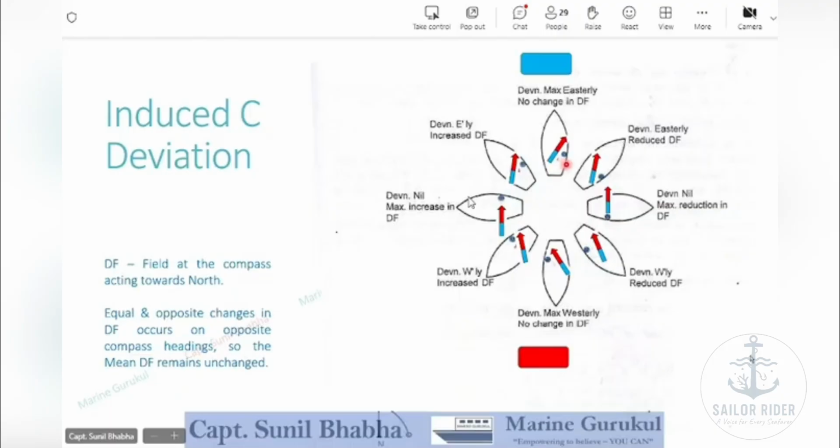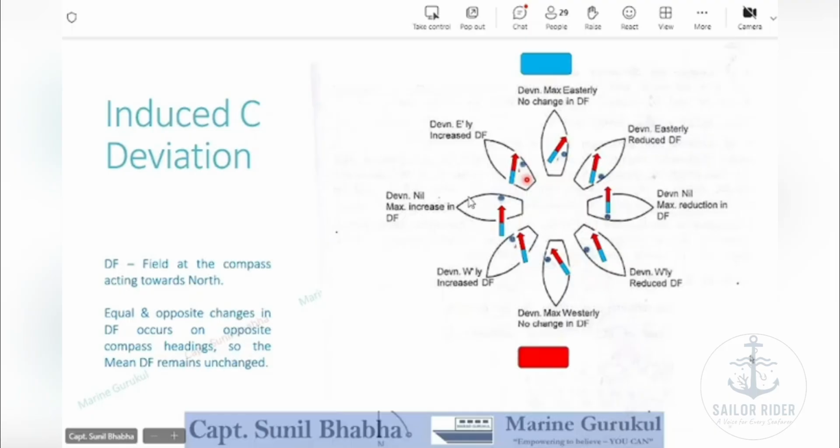You can see the ship in any of the cardinal and intercardinal headings. The ship is shown here on 4 cardinal and 4 intercardinal headings, and in all these diagrams you will see a blue pole generated to starboard of the compass because of this vertical soft iron. If the same ship goes into the southern hemisphere, the polarity will change to a red pole. That is how induced magnetism works.